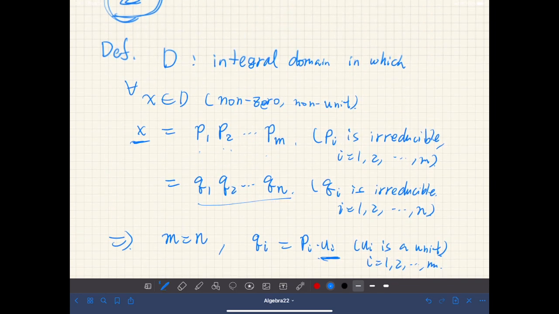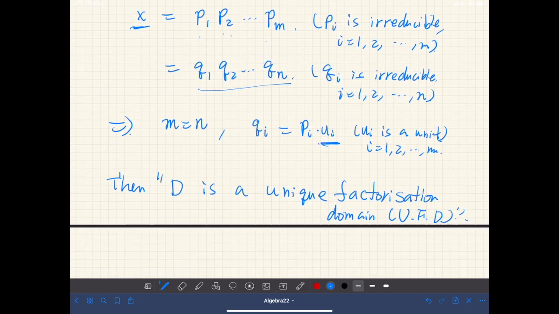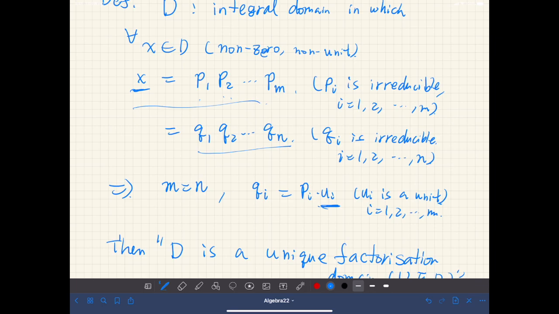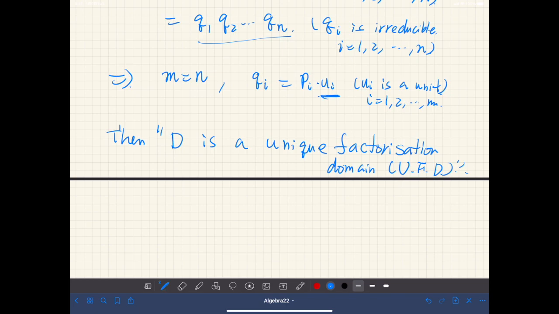So essentially, an integral domain with this property is called a unique factorization domain. What this means is that every element of D, if it's non-zero and not a unit, can be expressed as a product of irreducibles. In the case of integers, this will be prime number factorization. So we define an integral domain that looks similar to the set of integers from this aspect. That is called a UFD.